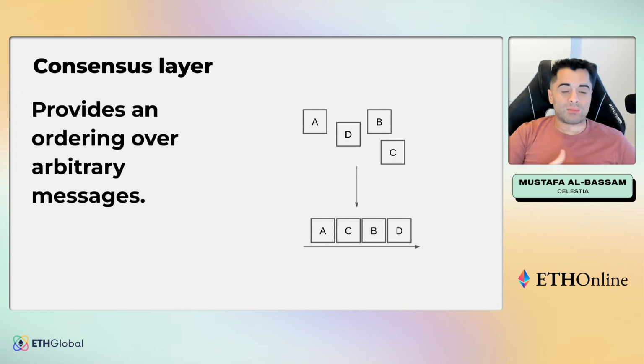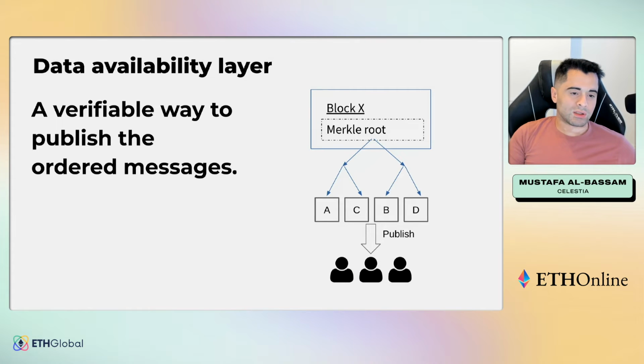It provides some ordering over them so that people can agree which messages came first. Because you need to know which messages came first to know if the same coin is being spent twice, which transaction should be the valid one.